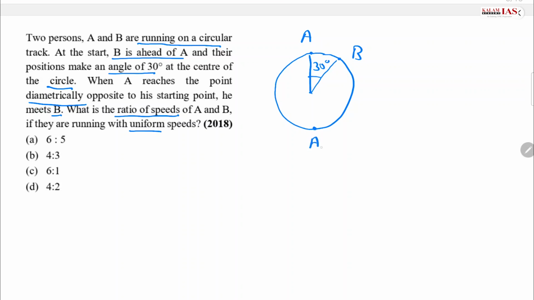Now the positions of A and B are the same, he meets B. So A starts from this point and B starts from this point, and both of them stop at this point.